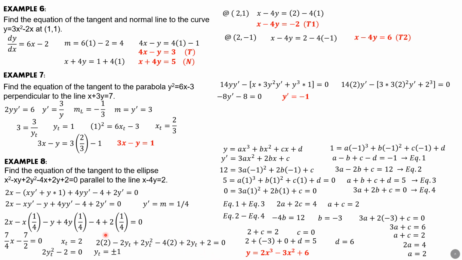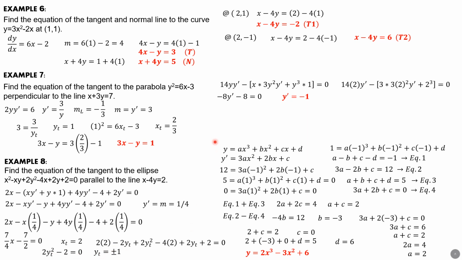We can cancel negative 2yt and 2yt, leaving 2yt squared. Then the constant is 4 plus 2, 6, minus 8, minus 2 equals 0. So y sub t squared is 1, therefore y sub t is plus or minus 1.